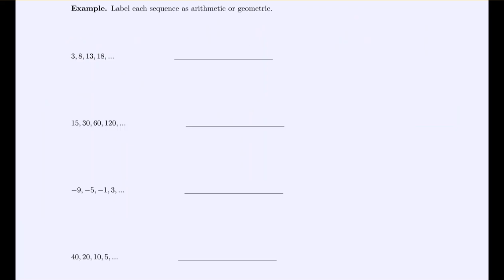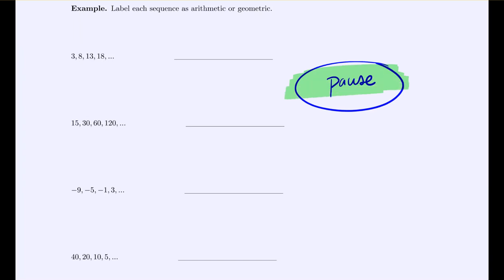Now, in our final example, you've got a mix of sequences here and you're asked to label each as arithmetic or geometric. This would be a great time to pause the video and investigate each of these. Remember to label it as arithmetic, that means you can see each term differs by a constant amount, so you should be able to add or subtract a constant term to each previous one to get the next term.